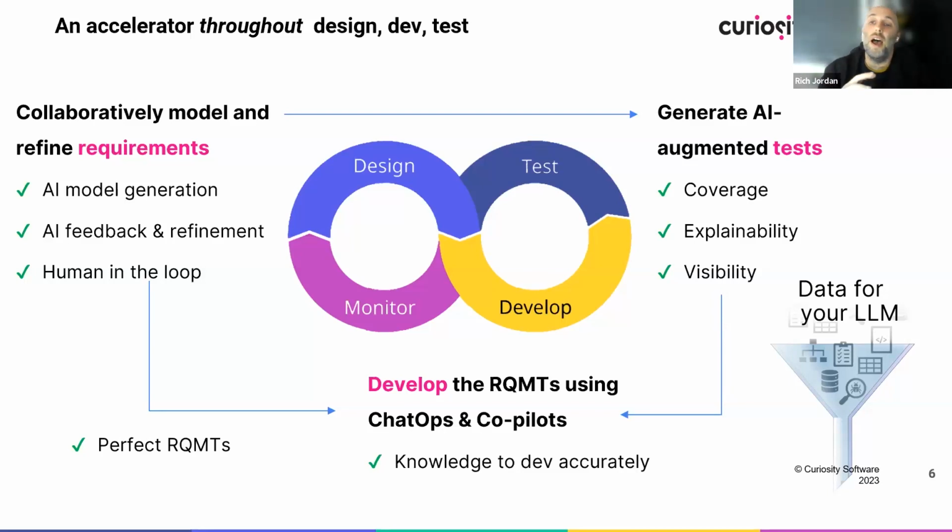Now, through these collaborative conversations, what we've built within Curiosity is an AI capability where you can use generative AI, or prompt engineering, to create scenarios to build visual models around what a system should be doing, is one scenario there.